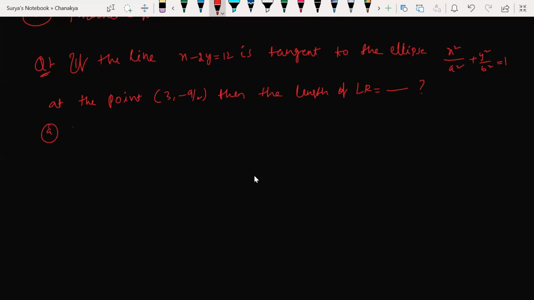Option A 9, option B 8, option C 10, option D -9. This is JEE 2020 question, ठीक है?